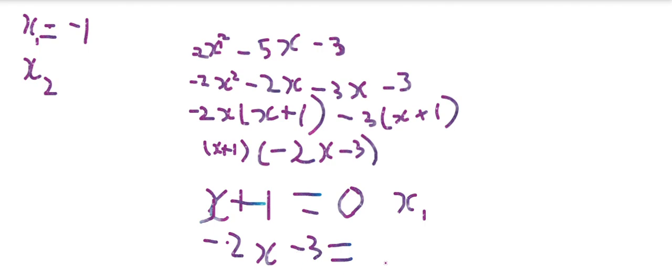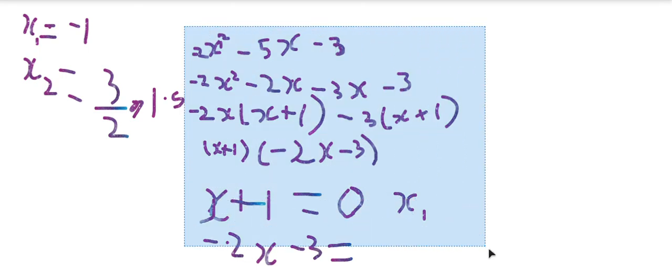When we solve it, it would be positive 3 on the other side and positive 2 on the other side. So the next solution would be positive 3 divided by positive 2, because it's multiplying over here. So the second solution would be 3 by 2, and it can't be further simplified. We can also convert it into a decimal, so the second solution could be 1.5.